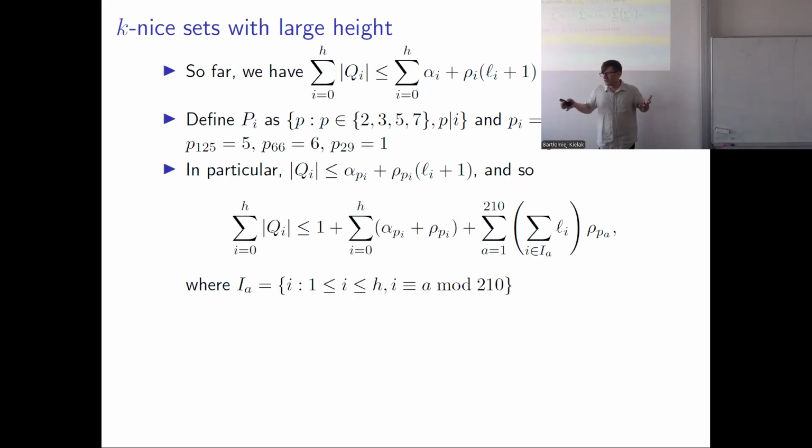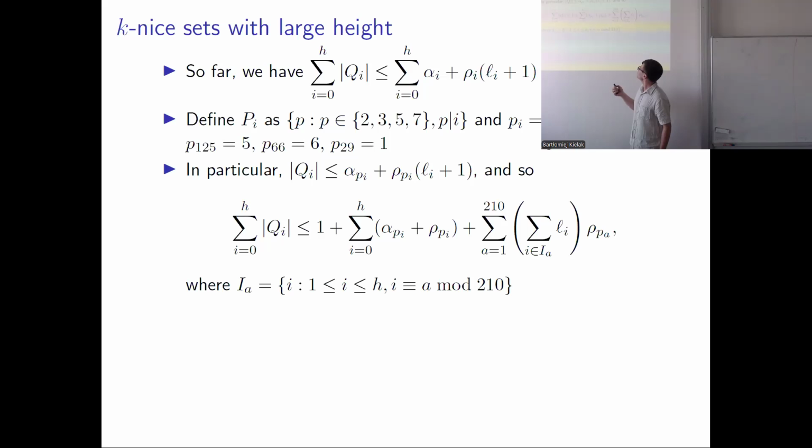And so we can just rewrite things and group things together. In particular, if I look at the rho i's, then I can take the sum over all possible values from 1 to 210. This is like the second part of the sum. So I group the i's according to the value of rho of something.